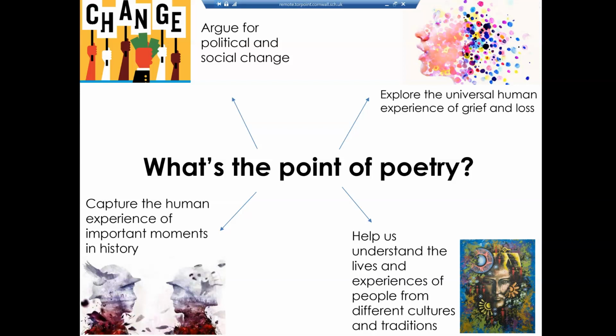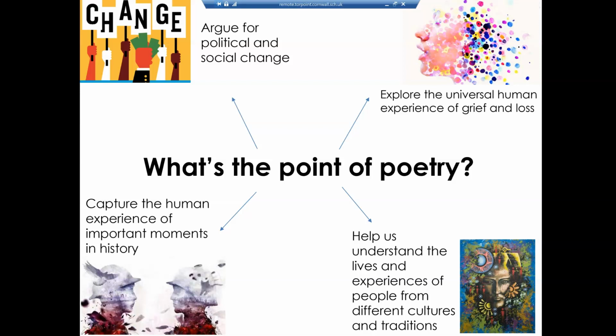So poetry can be something really political. It could perhaps be trying to argue and action social change. Poetry can deal with really strong emotions. They might be universal emotions that everyone experiences, sometimes negative ones, such as grief and loss.